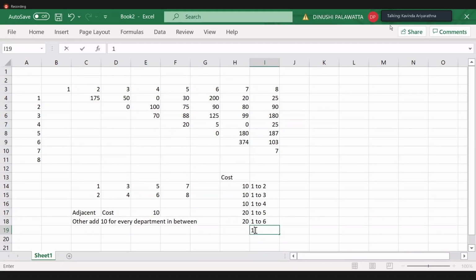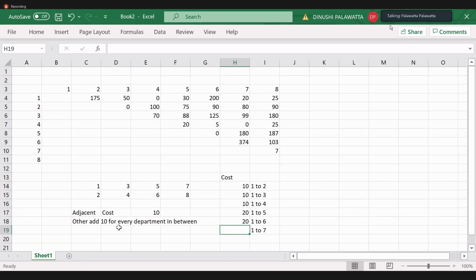Why did we take it as 20 for 1 to 5? When you go from 1 to 5, you have to pass either 3 or 4. So where the costs are given, for every department next to each other, cost is 10.